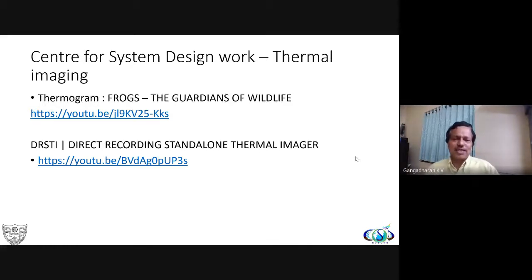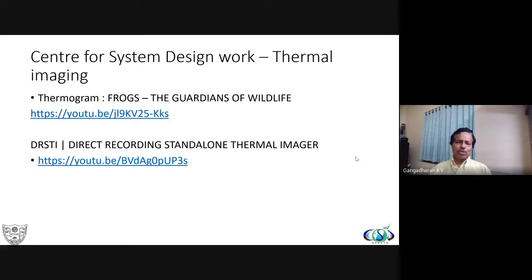Somebody from IISc, a team who is working on frogs, came to us asking, without disturbing the frog, we wanted to study its behavior. They are from a biology or zoology background. They are not engineers. They said they are doing a PhD or work on this. And they said the frog is not very comfortable with light.